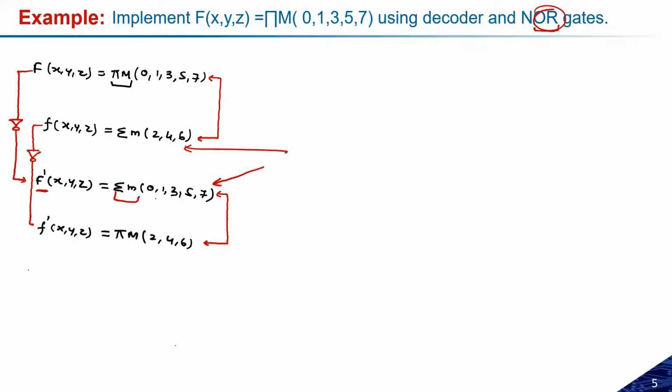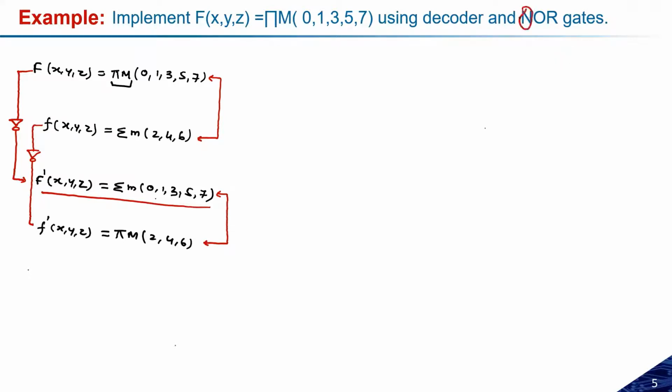So SOP and complement kind of functions will be required to implement this function. This is the thing that we need to know. Now, if I want to design this one, of course, I just told you this particular function is sufficient for our requirement, because the NOR gate is needed, so you can do it like this. How we decide on the NOR gate and other things, let me tell you again.